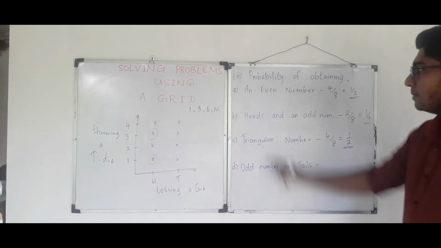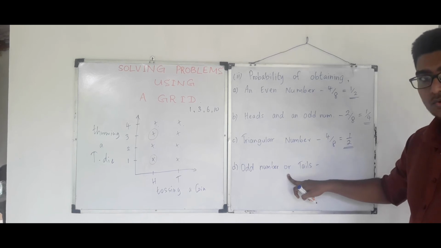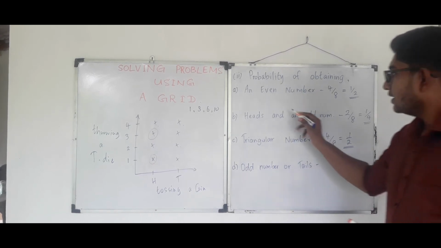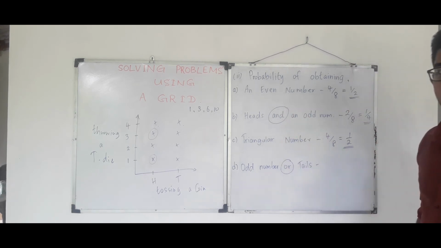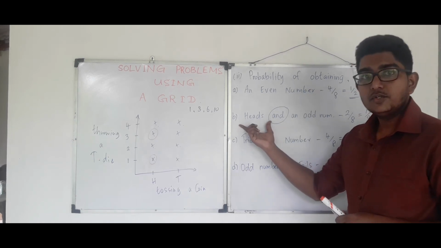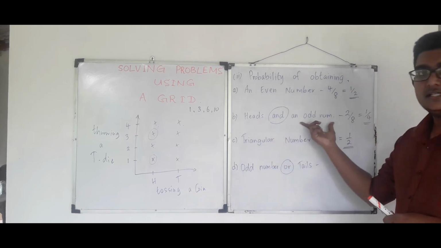Last one, probability of obtaining an odd number or tails. Before discussing this one, I want you to identify the difference between AND and OR. Here we have two conditions, obtaining heads and obtaining an odd number.